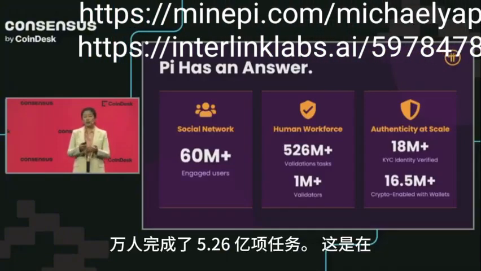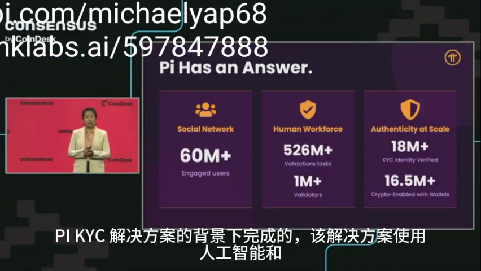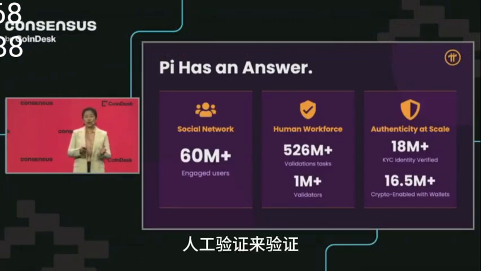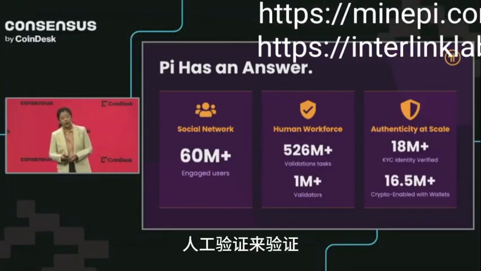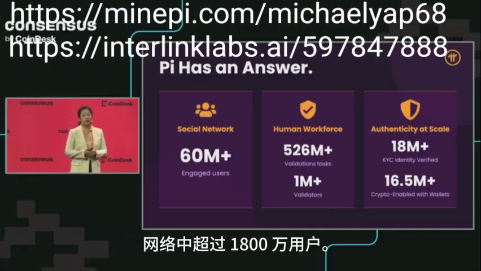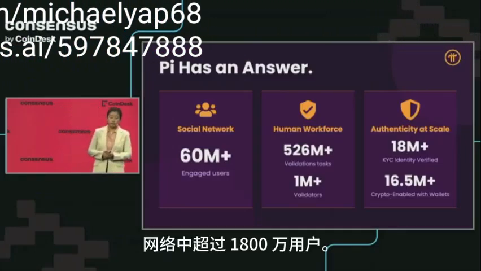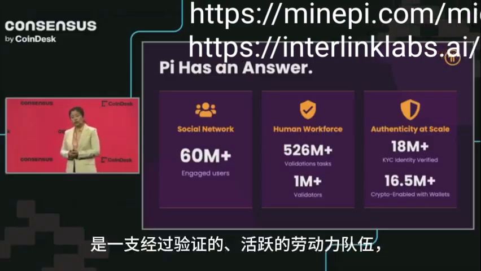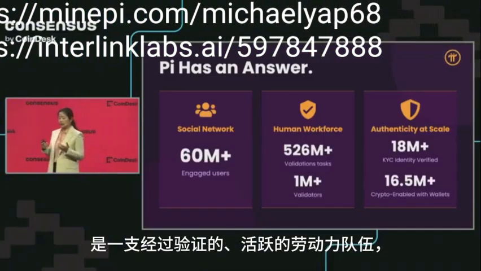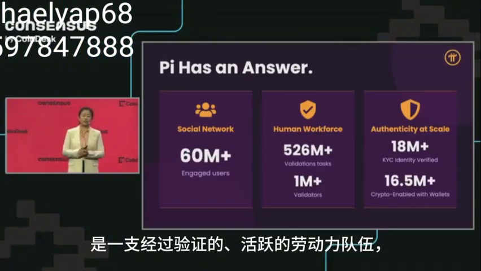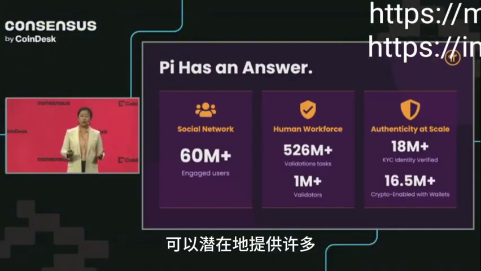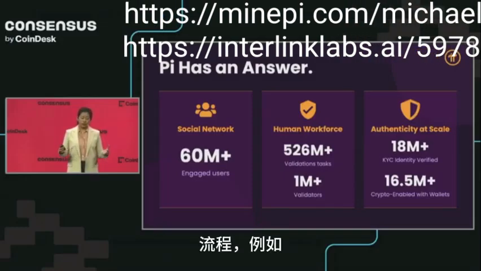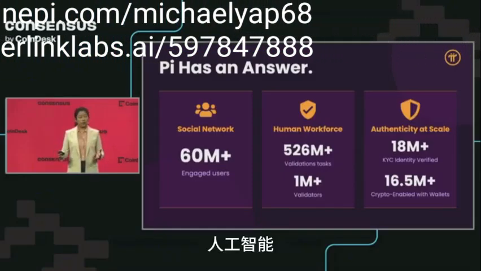This was done in the context of the Pi KYC solution, which uses AI and also human validation to verify over 18 million users in the network. This large human distributed workforce is a proven and active labor force that can potentially provide a lot of processes, such as human in the loop in AI.